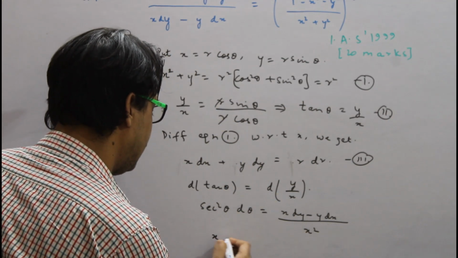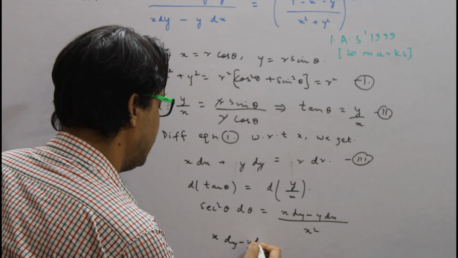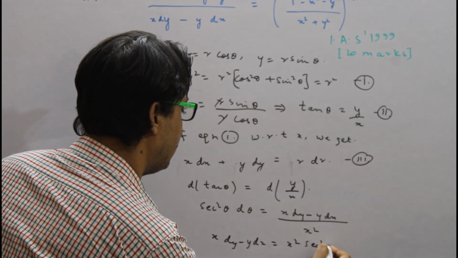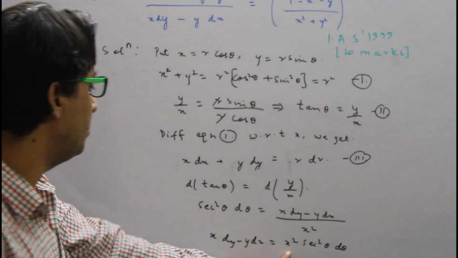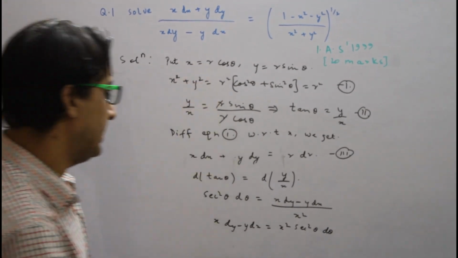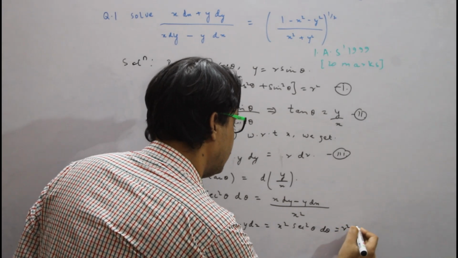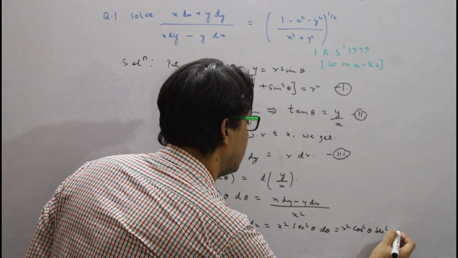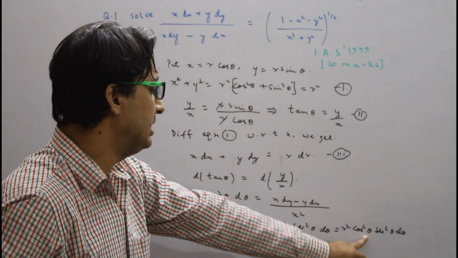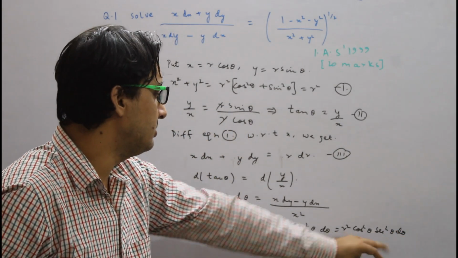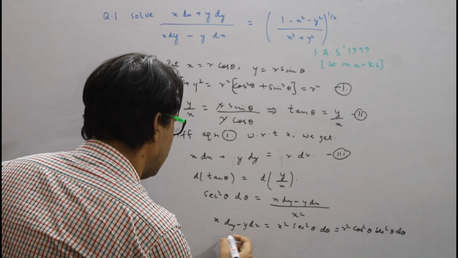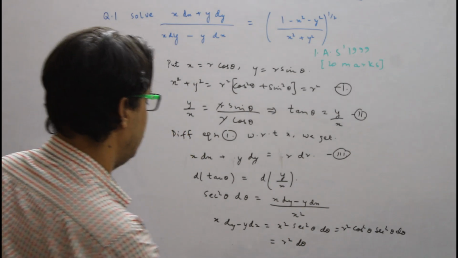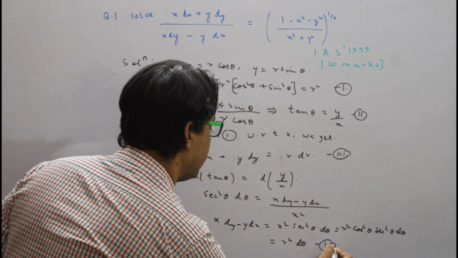We can write x dy minus y dx is equal to x square sec square theta d theta. We can put the value of x, that is r square cos square theta sec square theta d theta. These two get cancelled because cos and sec are reciprocals. So we get this as r square d theta. We call this 4.